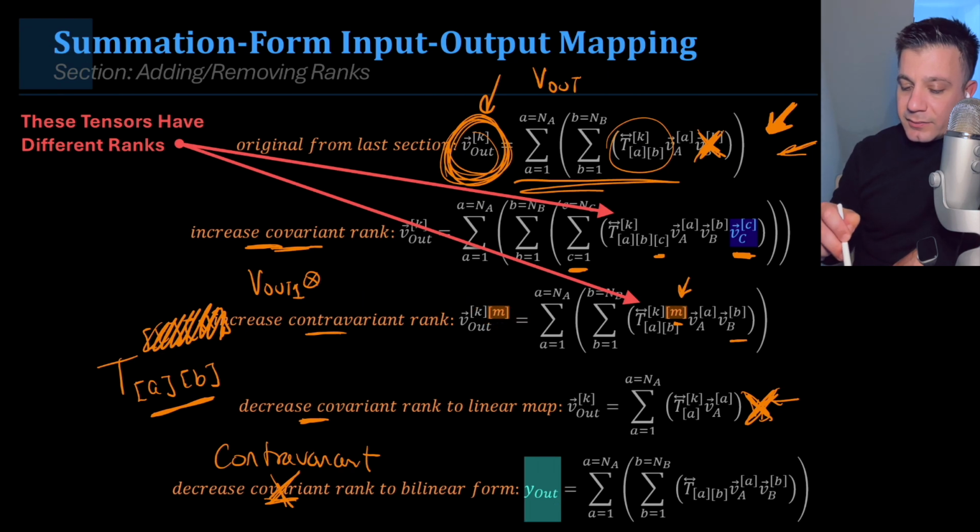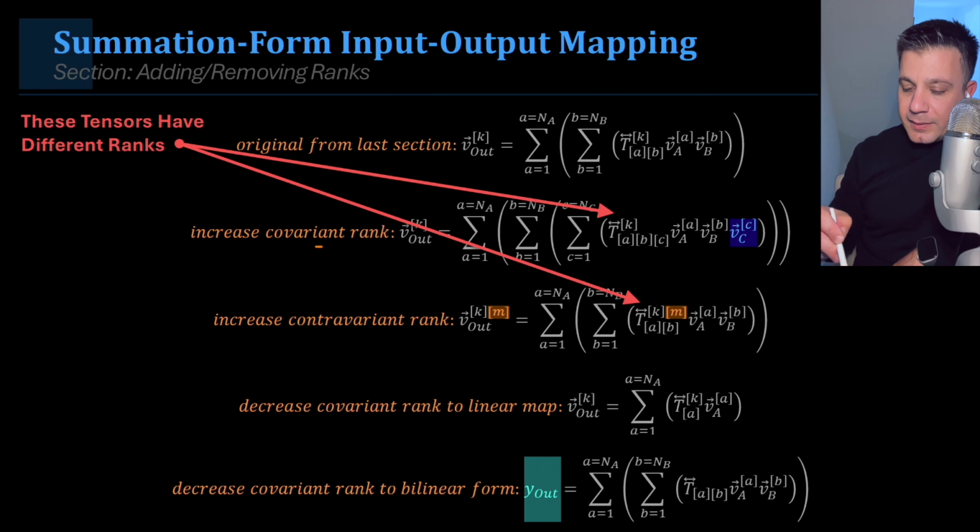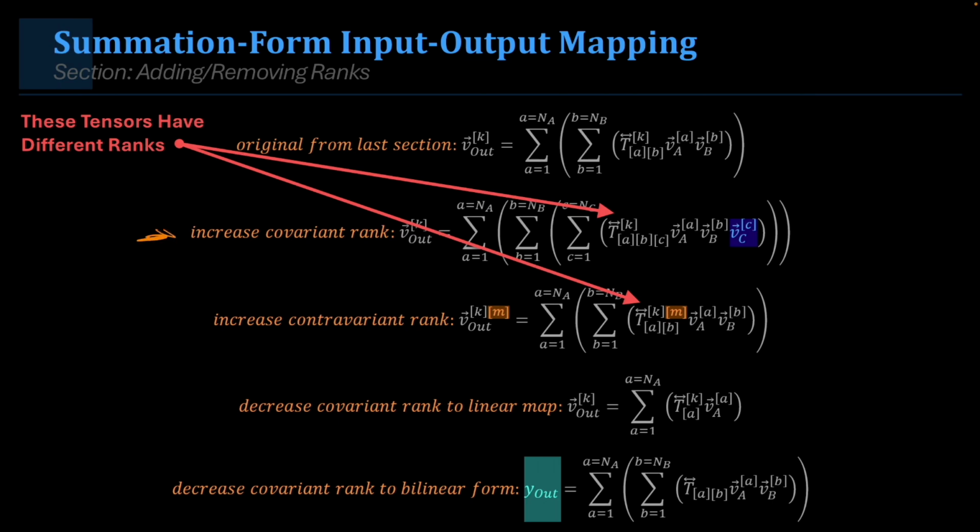Let's take one of these examples right here. I'm just clearing some space. Let's say that we wanted to take this case here, and we wanted to increase the covariant rank again. How would we do that?